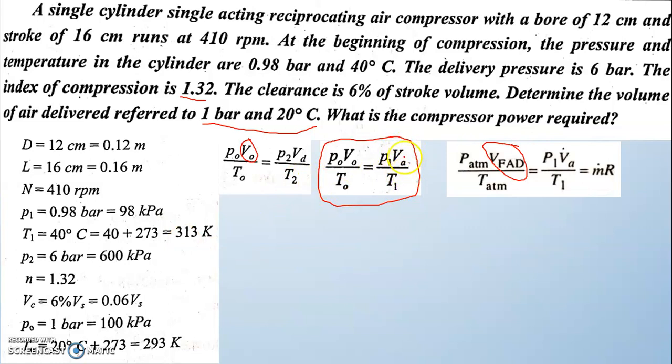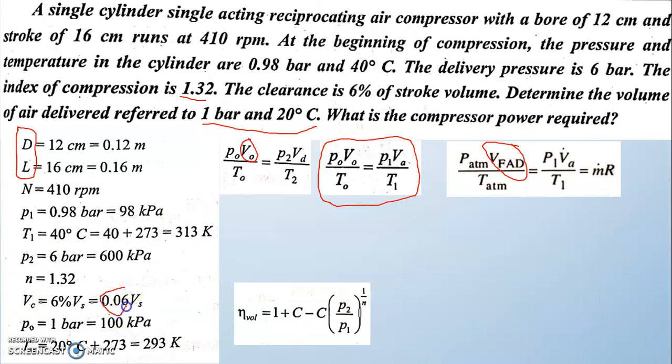VA we don't know. VA is the actual volume. We know that volumetric efficiency is the ratio between actual volume and swept volume. The equation for swept volume is pi by 4 d square into L, where d and L are given to us. So we can calculate the value of swept volume, and if we know the value of volumetric efficiency, we can calculate the value of actual volume. The equation for volumetric efficiency is 1 plus C minus C into (P2 by P1) all raised to 1 by n, where C is the clearance ratio, already given in the question as 0.06.